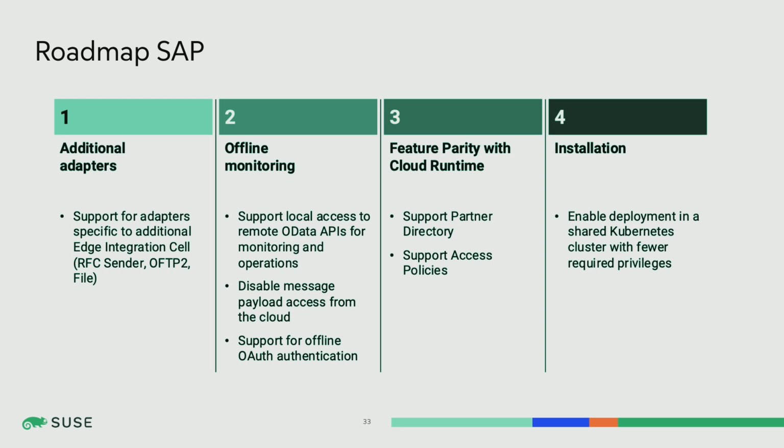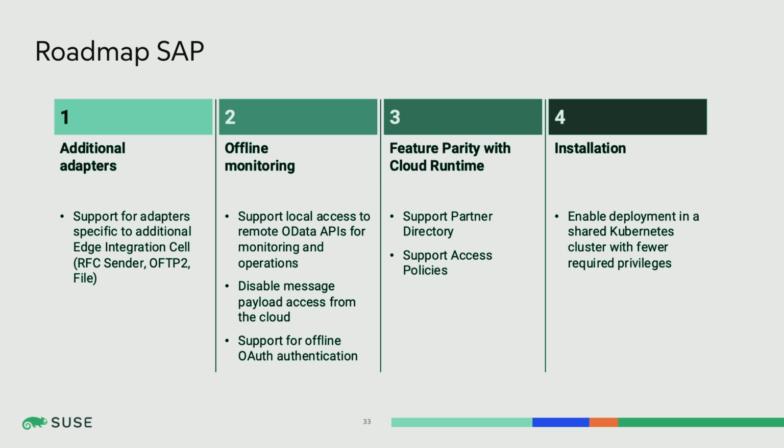Then more interesting is disabling message payload access from the cloud. That means currently when you are monitoring messages, you have to do this over the cloud system, and SAP opens a channel to watch the messages in your Edge Integration Cell from the cloud interface.